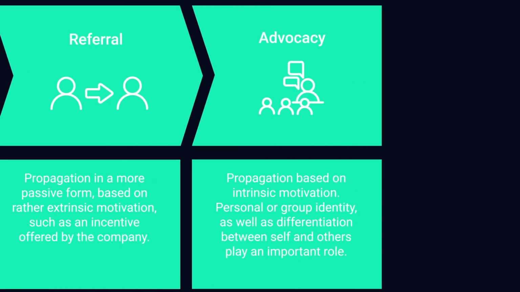And then the final ultimate state that a user can possibly have is the advocacy. So the very last box. And advocacy is referral, but you don't even have to give the user an incentive anymore. So this is really almost like a fanboy state. We will talk about what strategies you can employ to kind of get there, but it's very hard to achieve.